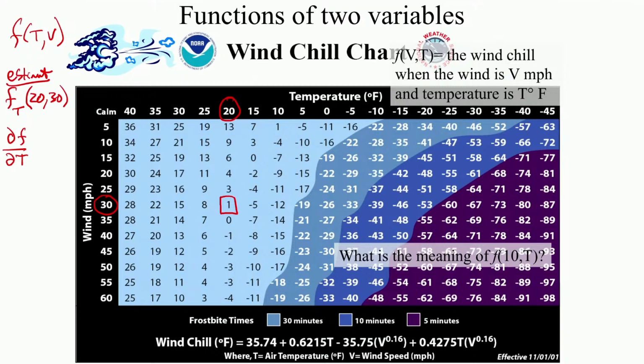If you read this the way that you might, naively, you'd say that's the change in the function value with respect to change in temperature. So we're interested in changes in temperature and how that affects the change in the function value. Well, I know how to do that.